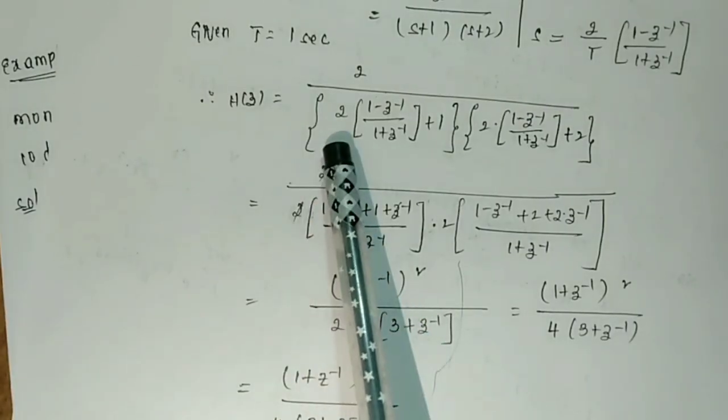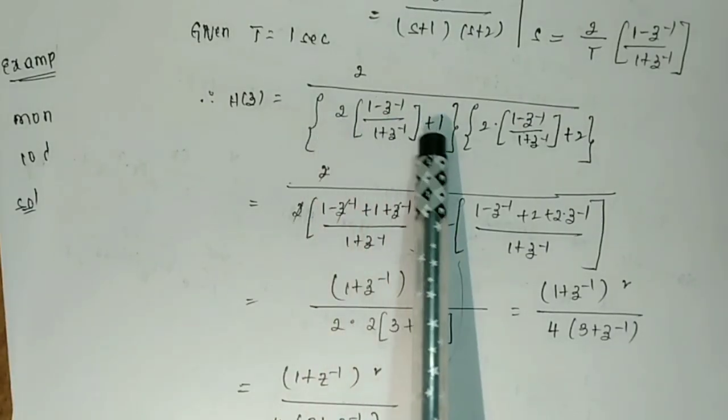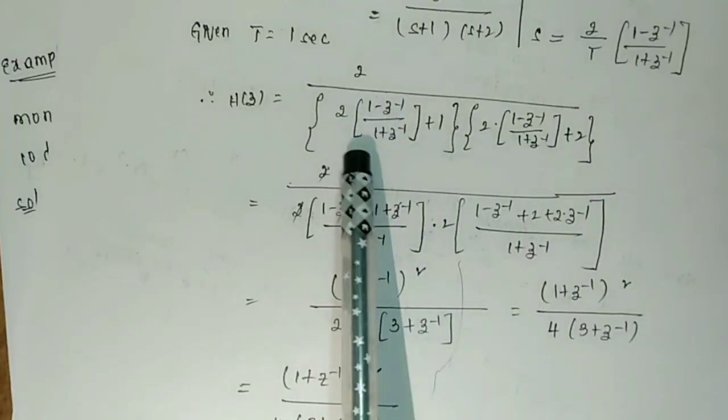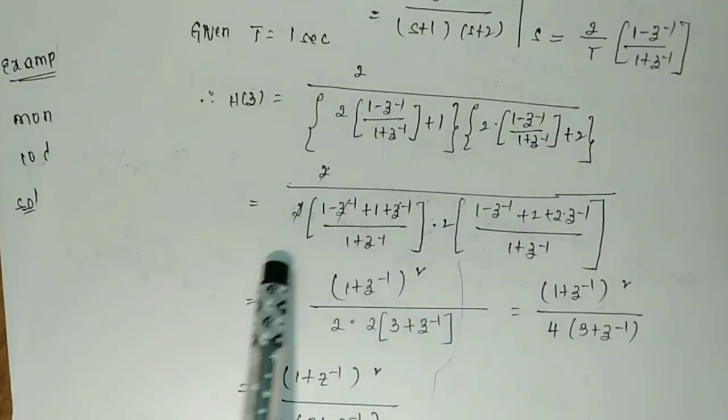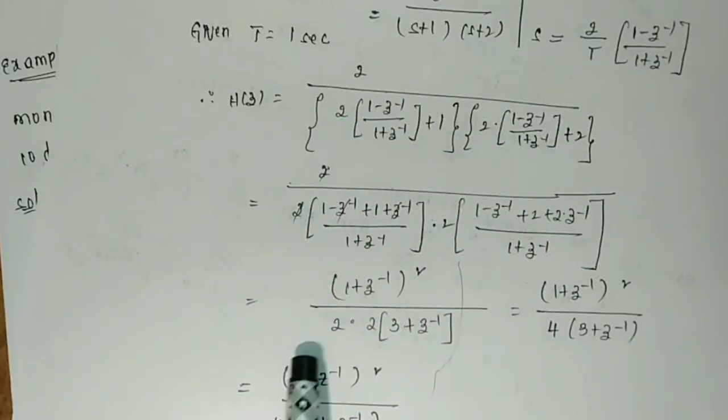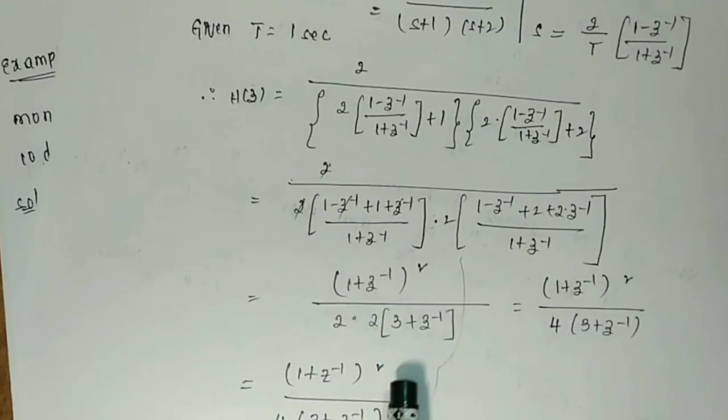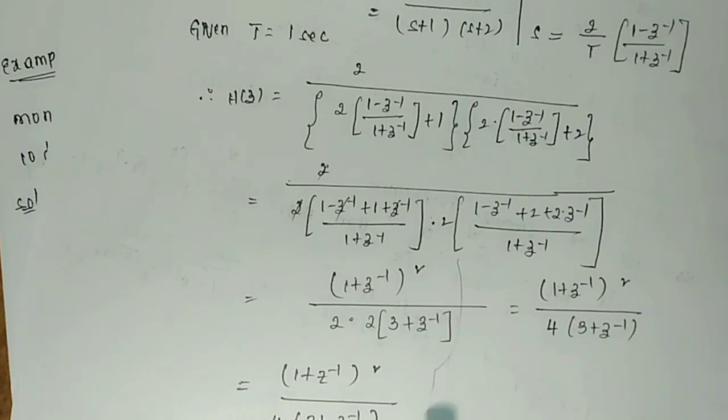I have multiplied this 2 with (1 minus z inverse) and this 2 with (1 minus z inverse), and 1 plus z inverse, 1 plus z inverse, I have taken as common. Moving it into the numerator, after doing simple calculations, (1 plus z inverse) squared by 4 into (3 plus z inverse) is the final answer I got. So the key point is simply that you have to substitute the s value in the given transfer function, s as 2 by T into (1 minus z inverse) by (1 plus z inverse). That is the key point.